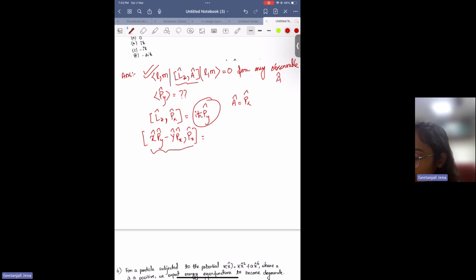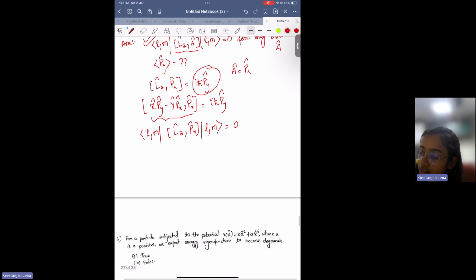Use the property of commutation relation, and then you can find that this is nothing but i h cut Py. So this condition Lz with Px, if I have taken the operator A as Px, is also 0, right?